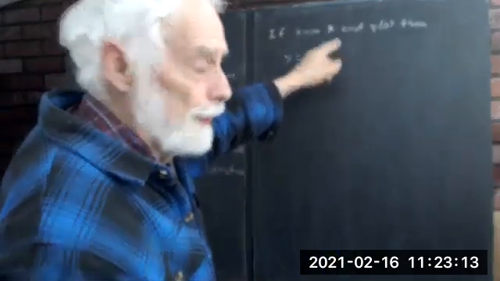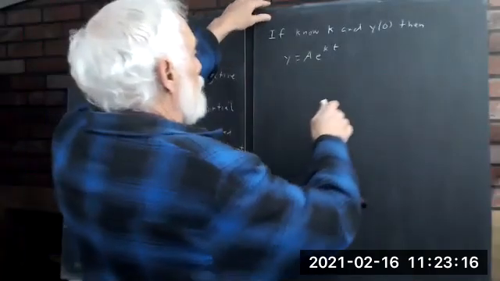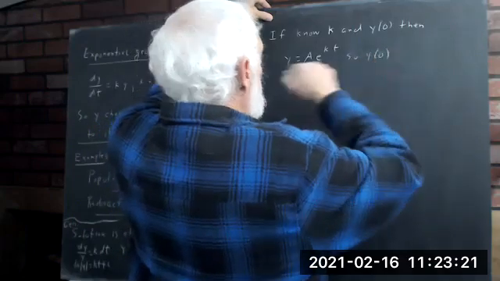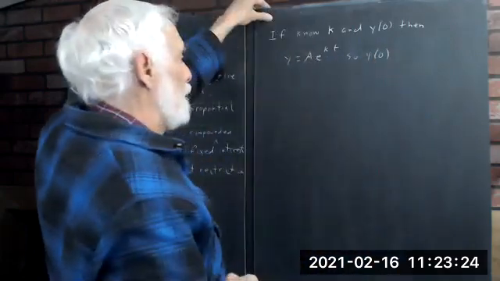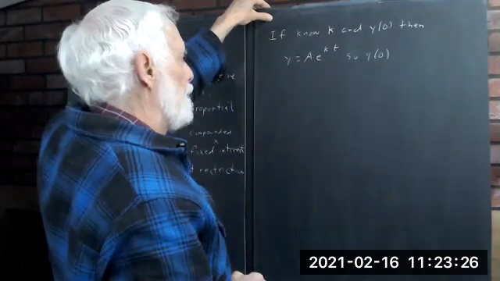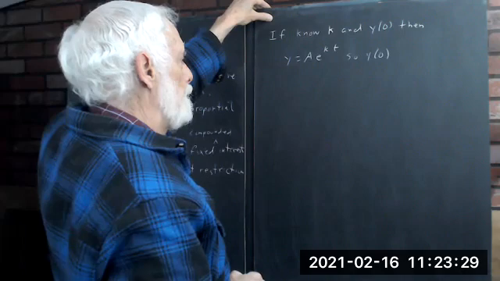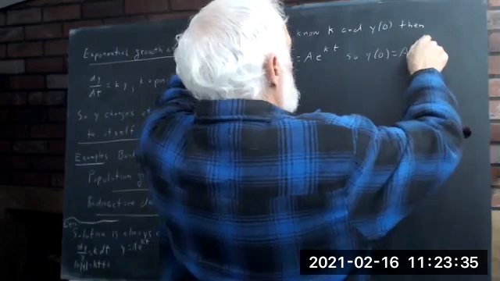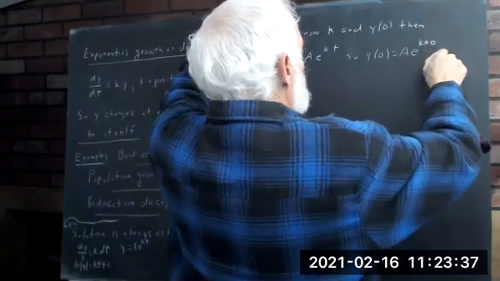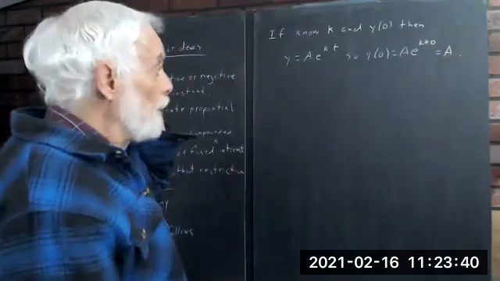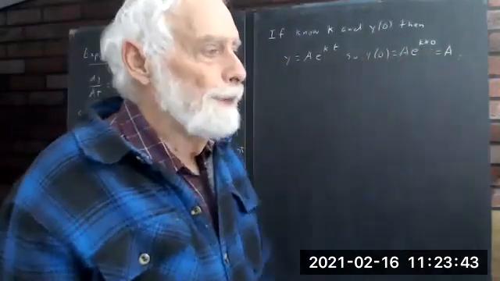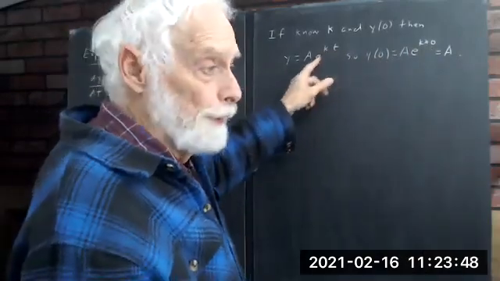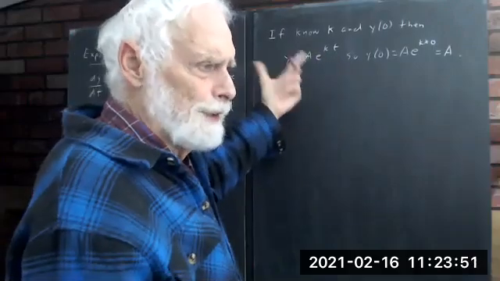So we know all this, we know k. So if we know y of 0 and k, well, we're almost done. a is always going to be y of 0, because if t is 0, e to the kt is 1, so y has to equal a.